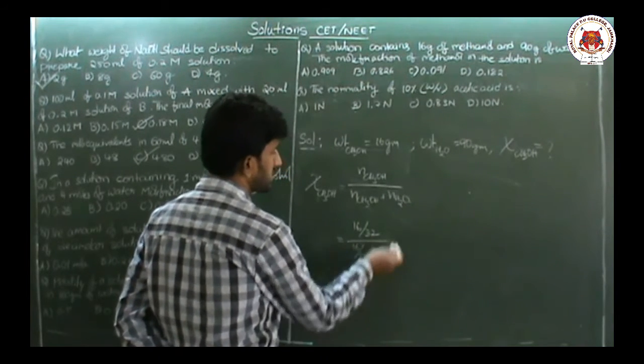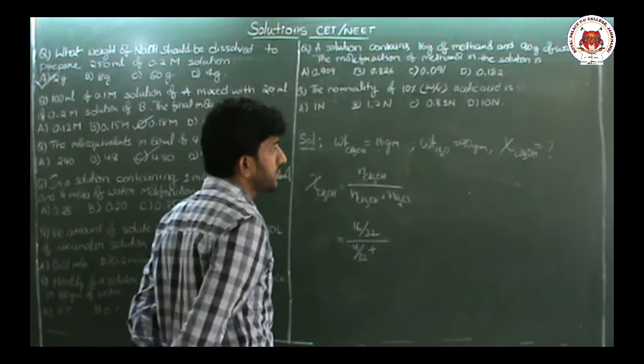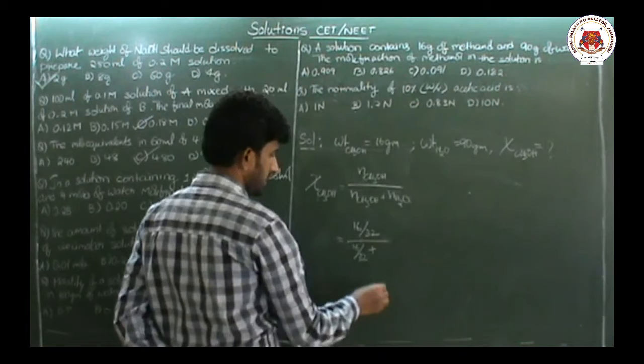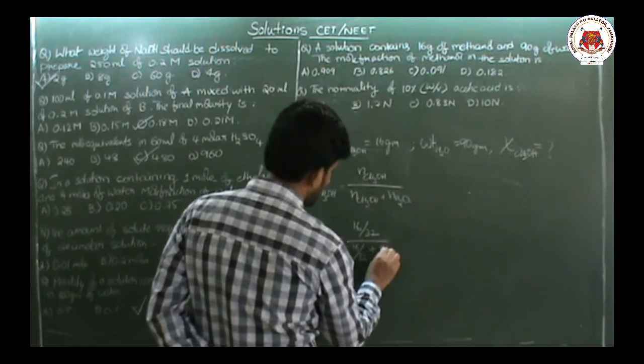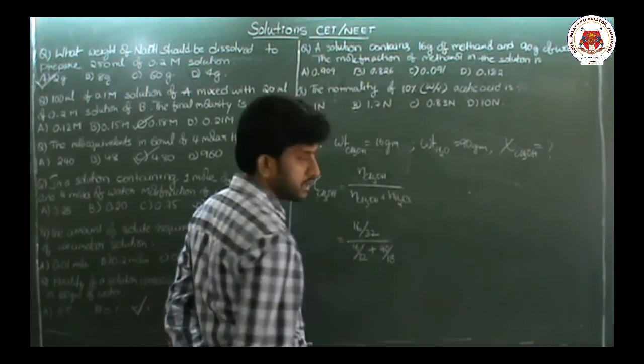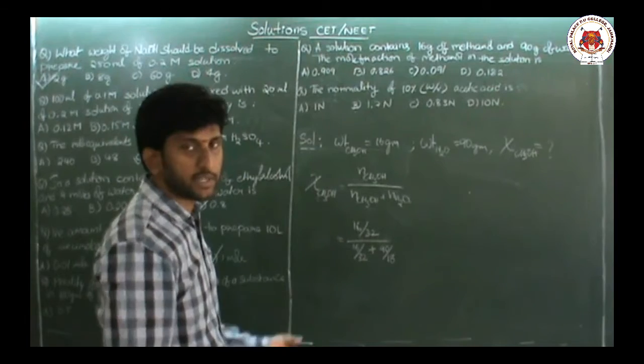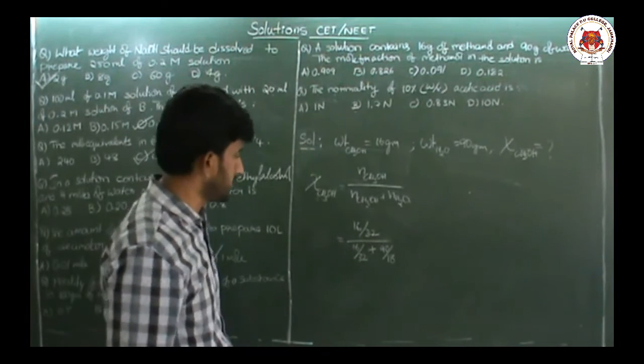Plus, what is number of moles of water? Weight of water by its molecular weight. Weight of water is given 90 grams, that is 90 divided by molecular weight of water, which is 18. Oxygen is 16, 2 hydrogens, 18. Okay, so 18.